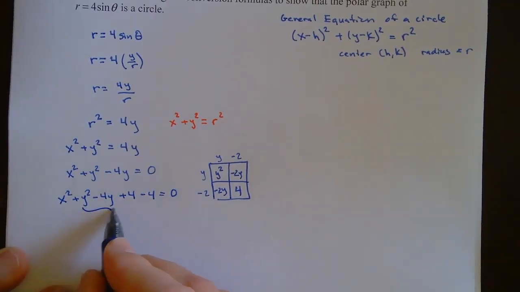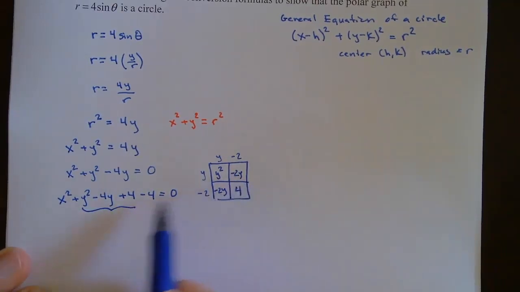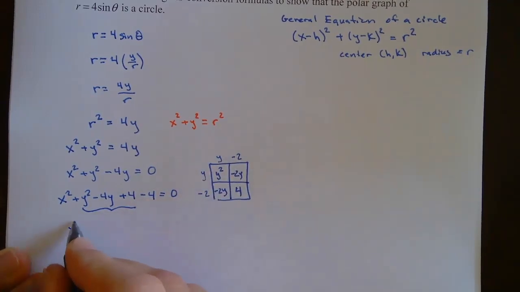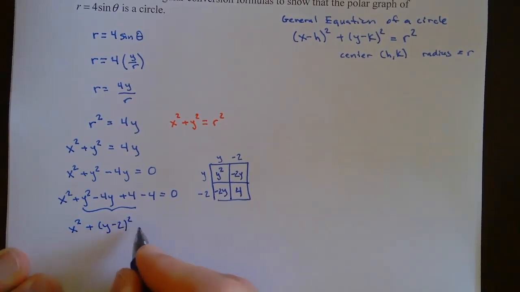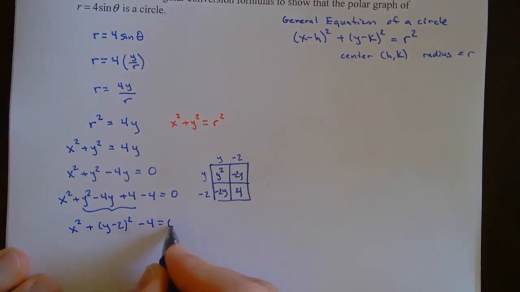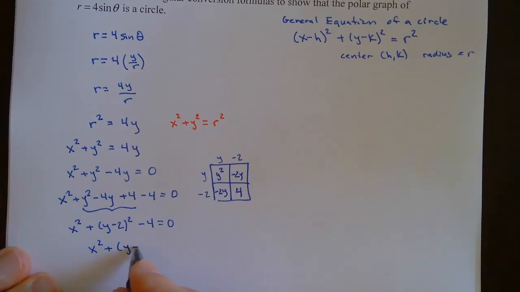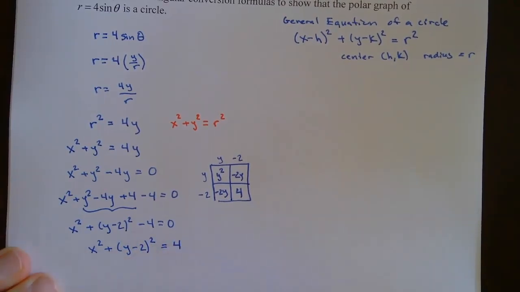And these three right here can get factored because that's my square right here, right? It's y minus 2 times y minus 2. So this would be x squared plus y minus 2 squared minus 4 is equal to 0. Okay, so that would mean x squared plus y minus 2 squared is equal to 4. But now this 4 is 2 squared, right?